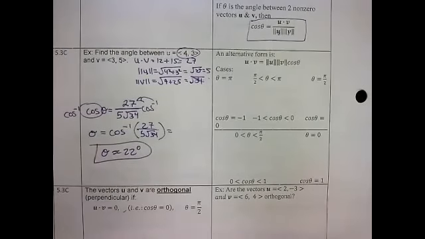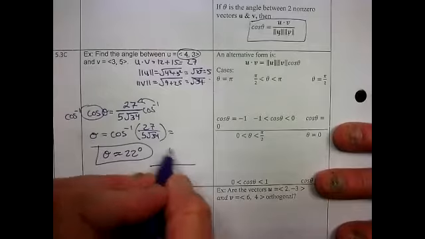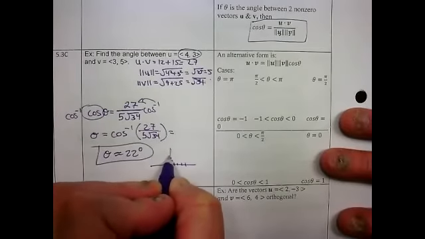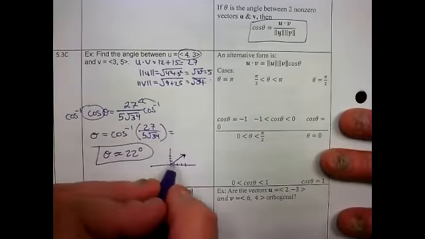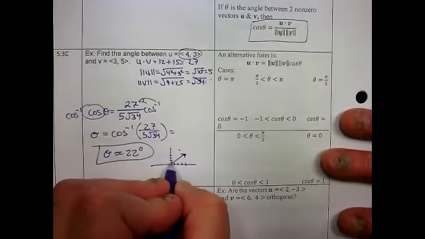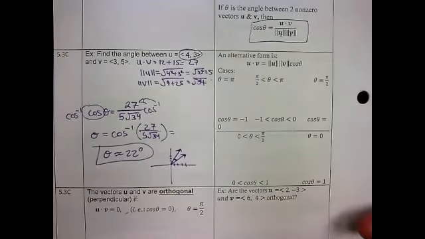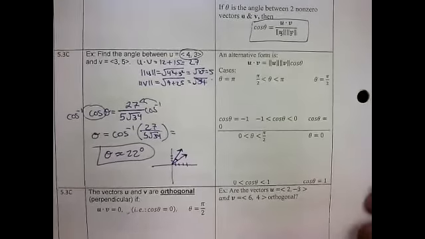That's the angle between these two vectors. If I draw them, one going to 4, 3 and the other going like this, that angle there is theta, approximately 22 degrees.